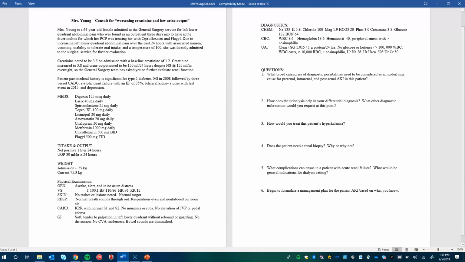She's also got some casts, right? Some white blood cell casts. She's got a little bit of blood, not uncommon to see with the UTI either. But then she also has some eosinophils. So that kind of points us down more towards the acute interstitial nephritis, allergic interstitial nephritis picture.